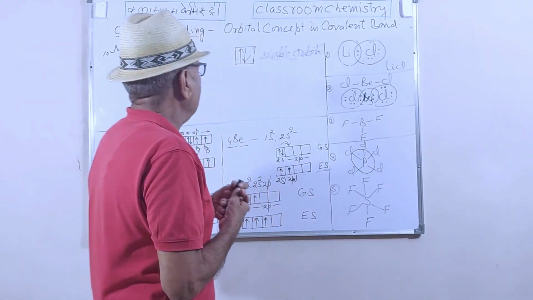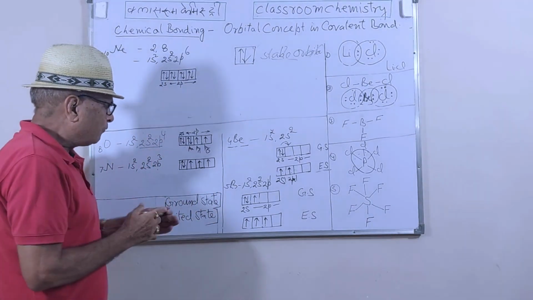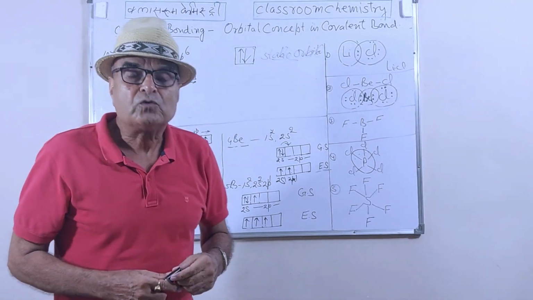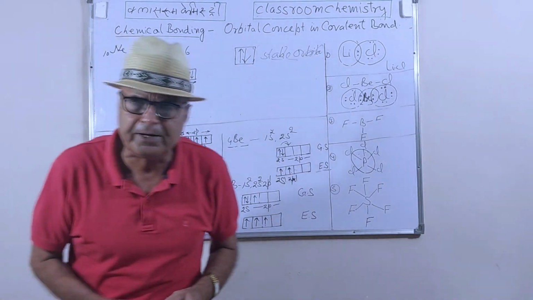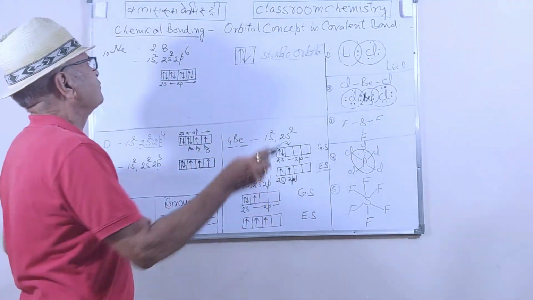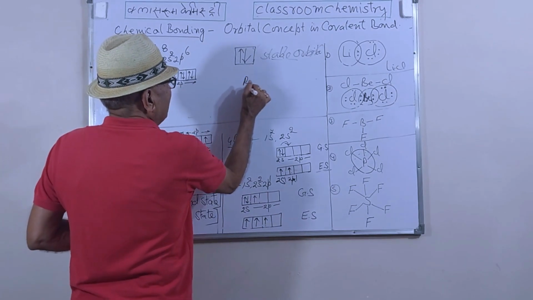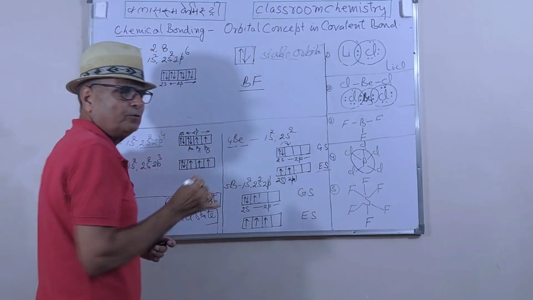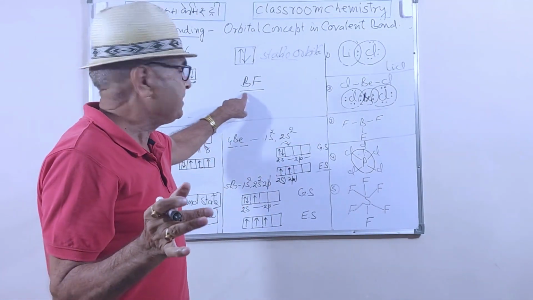Again, now we come to boron, 5B, 1s2, 2s2, 2p1. So boron has only 1 unpaired electron, so the covalency of boron should be 1, and the compound of boron should be BF.